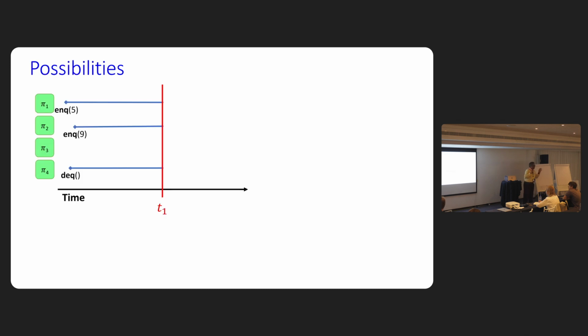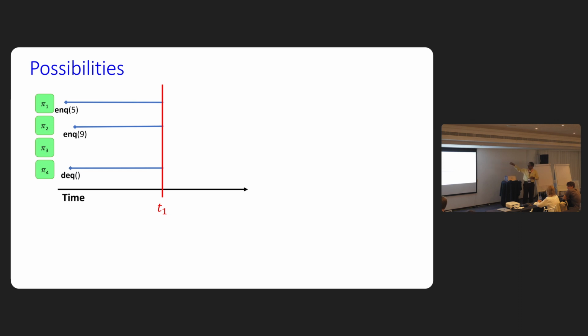So, what are possibilities? I am first giving the intuition for what I mean by a possibility. Take this particular run. There are 4 processes, pi 1, pi 2, pi 3, pi 4. Pi 3 has not initiated any operation, but pi 1 and pi 2 have initiated NQ operations, and pi 4 has initiated a DQ operation.